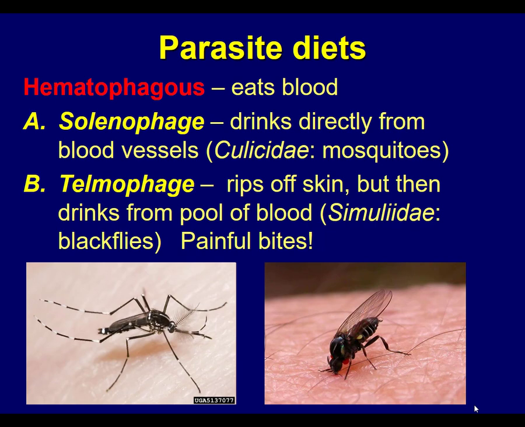So the way I remember the difference between these two is just the first letter of each word. So solenophages, they kind of drink through a straw, for example. And telmophage, they tear off your skin and drink from that. So there we go. Fun.